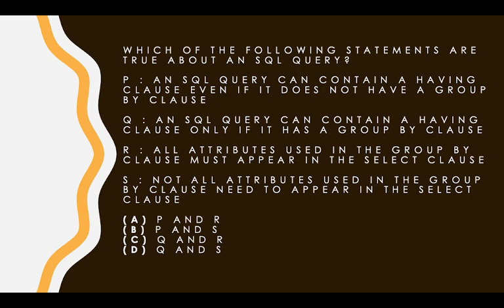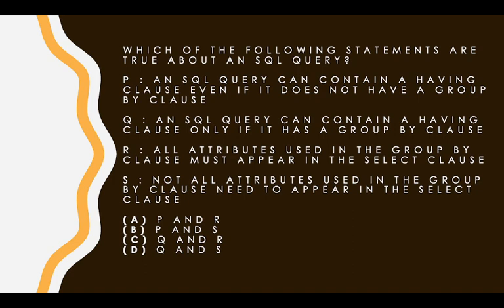Our question number 3 says: which of the following statements are true about an SQL query. We are given four statements, P, Q, R, S, and we need to see which of them is true about an SQL query. Statement P says that an SQL query can contain a having clause even if it does not have a group by clause.